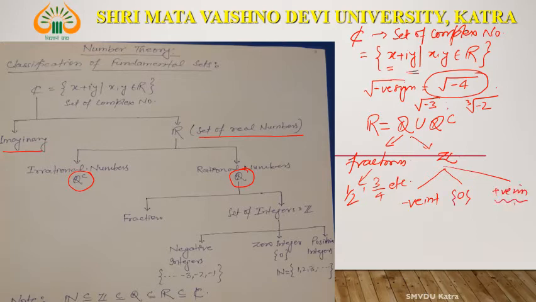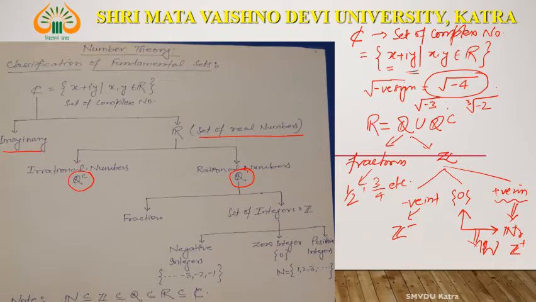The positive integers are known as natural numbers, and including 0 with N is known as whole numbers. The negative integers are denoted as Z minus. Positive integers are also denoted as Z plus.